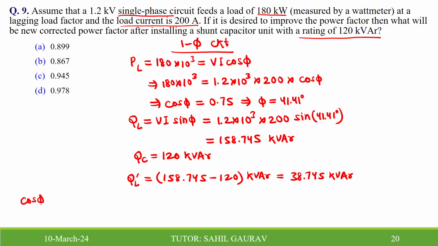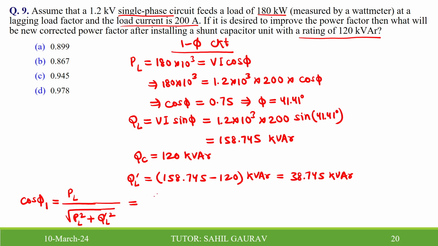Therefore the new power factor, let us take cos phi 1, will be PL upon the hypotenuse, which is the apparent power. So it is the square root of PL square plus QL dash square. Otherwise you can also use tan phi.